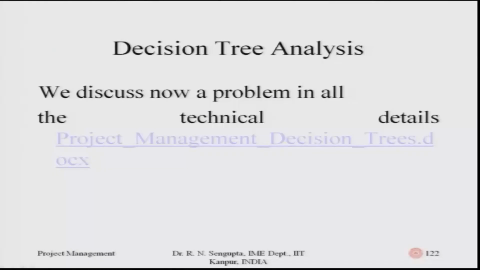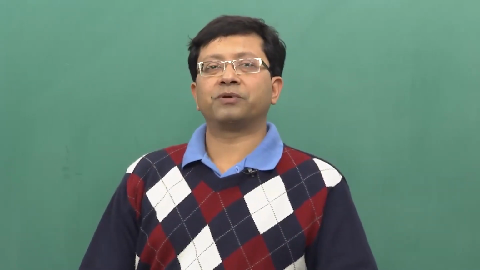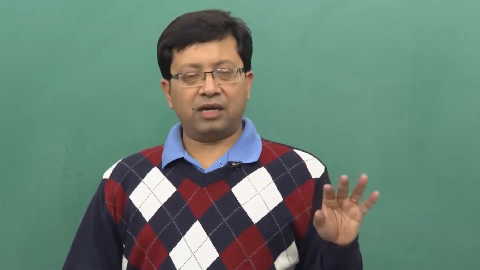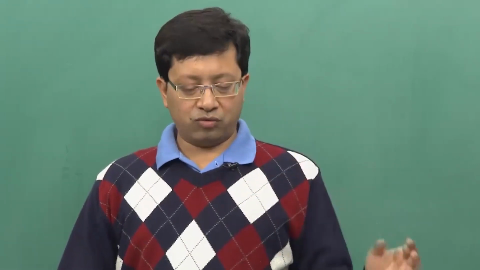So, we now discuss a problem before going to the theory. We will discuss the problem, because this will give you an idea of how decisions and expected values work, and later on when we consider different concepts of utility, it will give you a good picture of how it can be utilized. So, we will consider the problems in a holistic framework where probabilities and values are given.